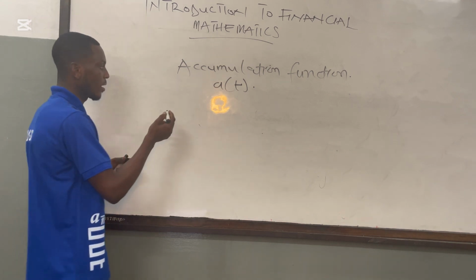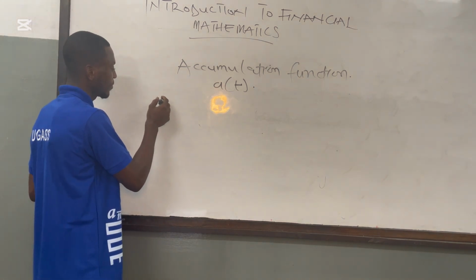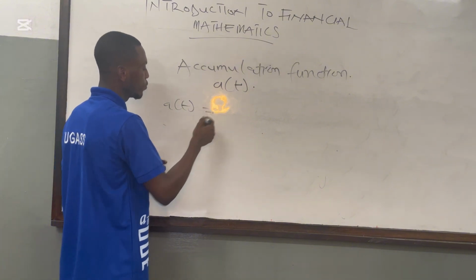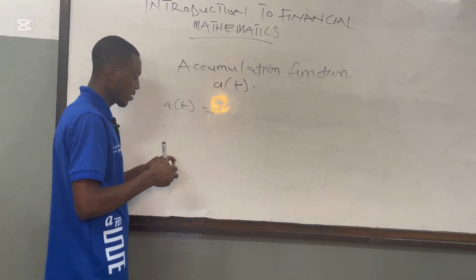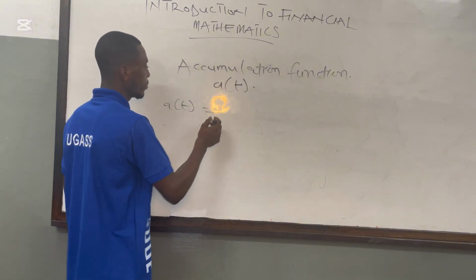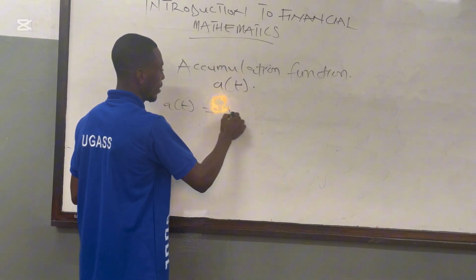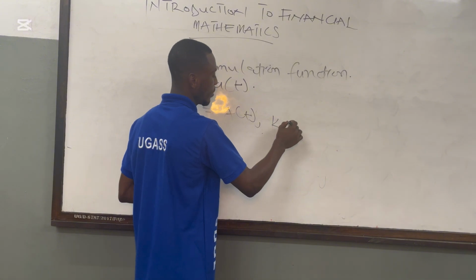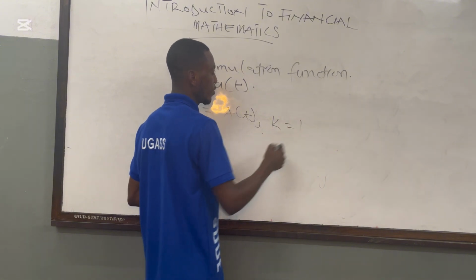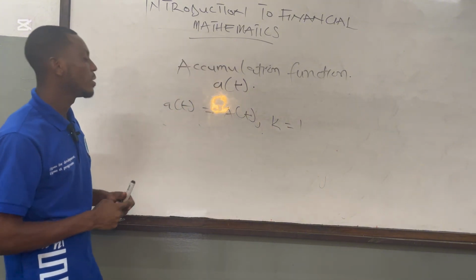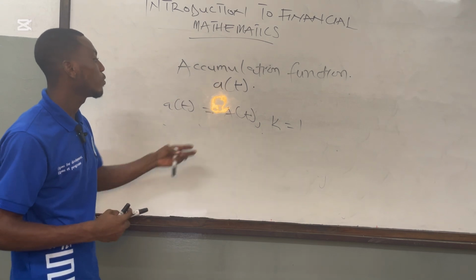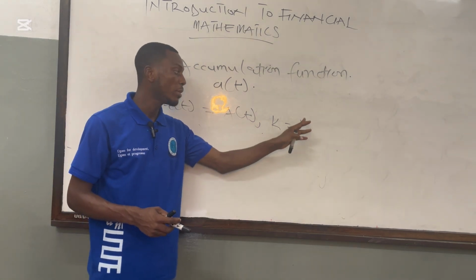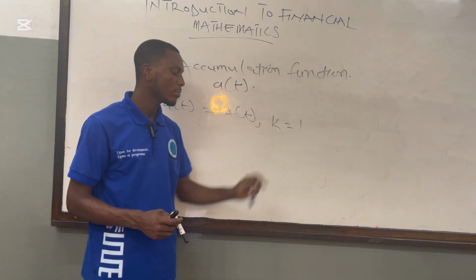So the accumulation function, little a of t, is equal to upper A of t where k, which is our initial investment, is equal to 1. So the accumulation function is equal to the amount function when k is equal to 1, when your initial investment is 1.